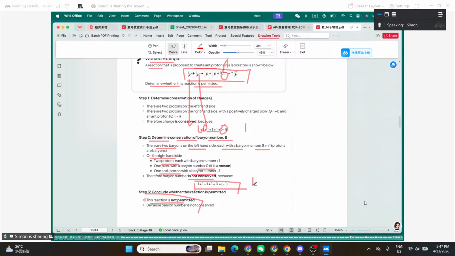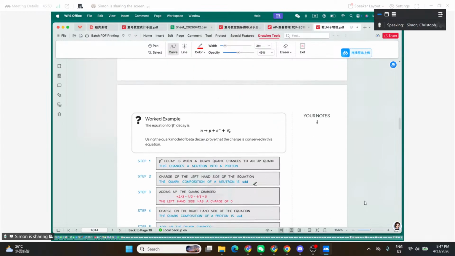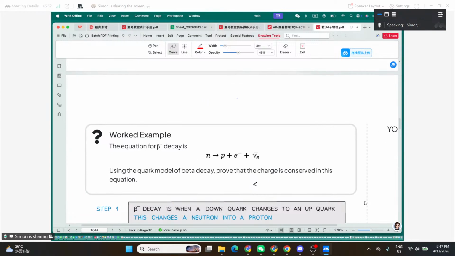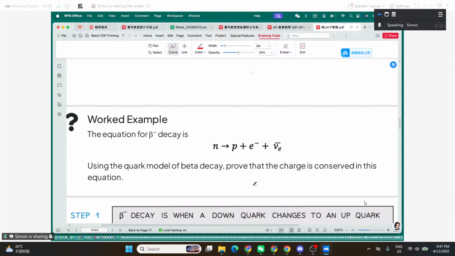Second, we calculate the conservation of baryon number or lepton number. Understand? No problem. Now look at this one, for example. The equation is about beta minus decay. Using the quark model of beta decay, prove that the charge is conserved in the equation.